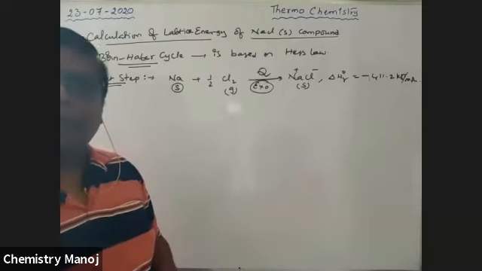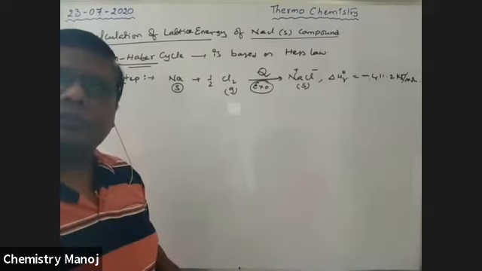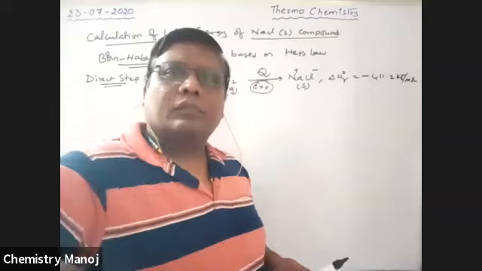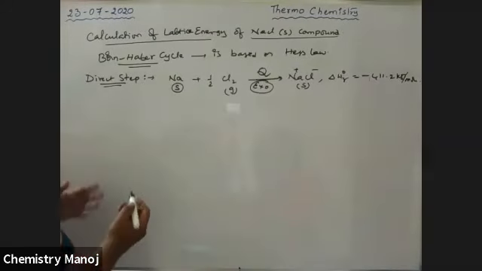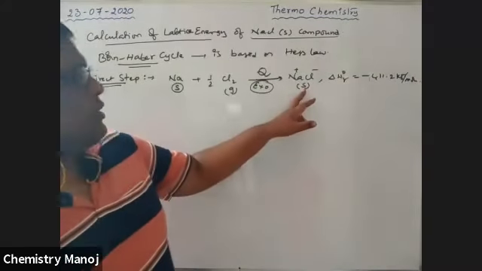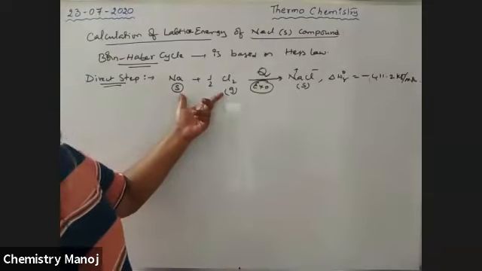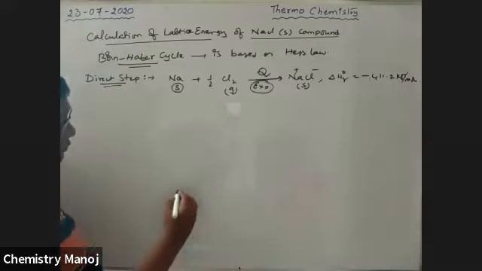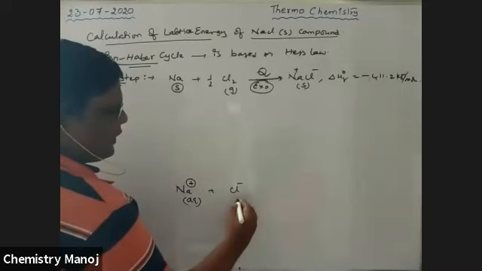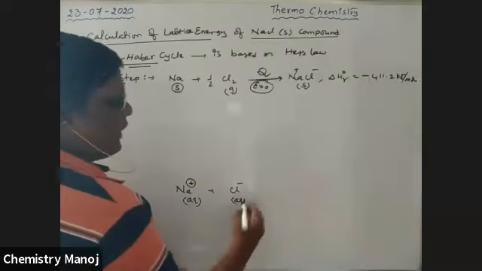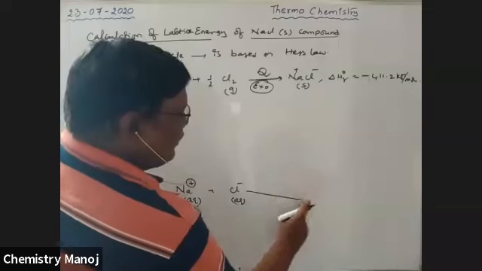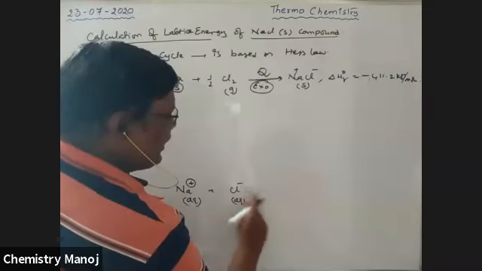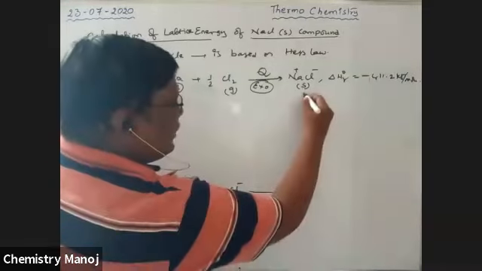NaCl solid is formed from elements, but the same NaCl can be prepared from Na plus ion in aqueous state and Cl minus ion, also in aqueous state.